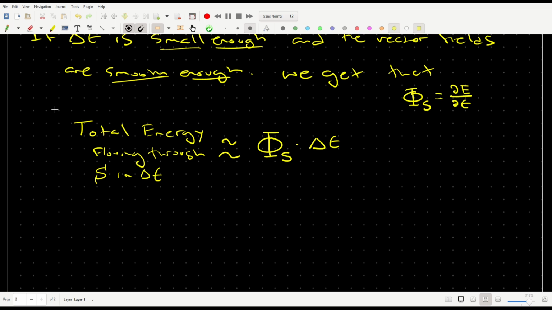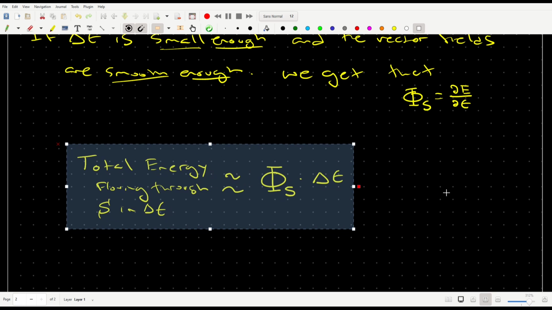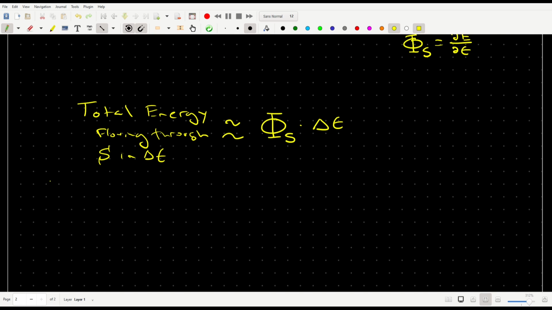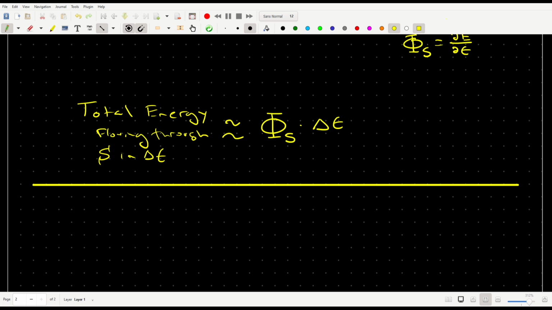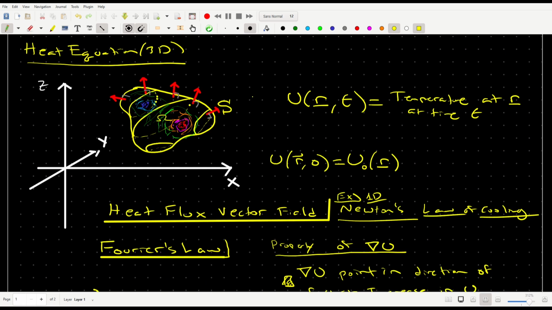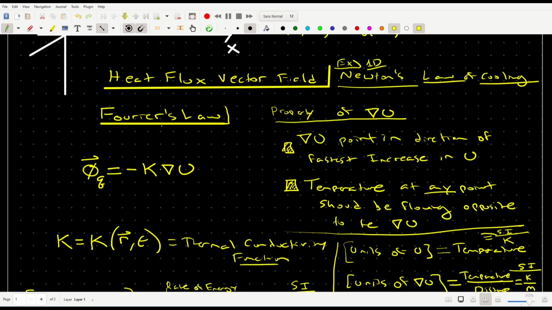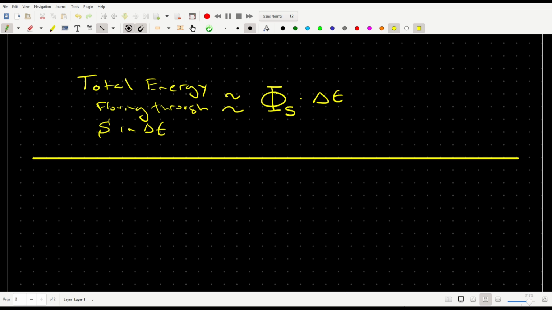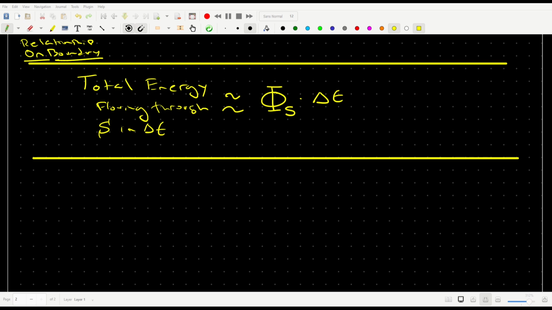And this is going to be really important because this is going to combine with what's going on inside of the medium as well. So far, we've only considered stuff on the boundary of the medium, right? So the total amount of energy flowing through the boundary of this region S. Now, given this, we want to connect this to what's going on inside the boundary as well.